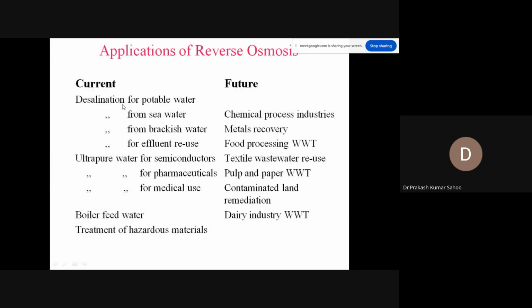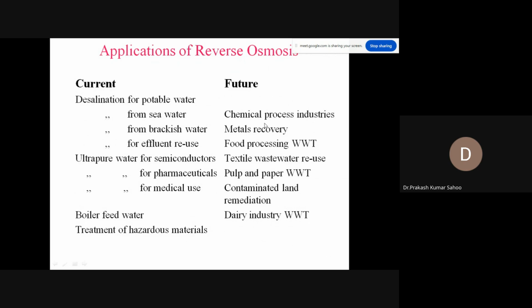So, applications of RO: we have desalination for potable water, from sea water and brackish water, for effluent reuse, ultra pure water for semiconductors, ultra pure water for pharmaceuticals, and ultra pure water for medical use. Then we have boiler feed water and treatment of hazardous material.